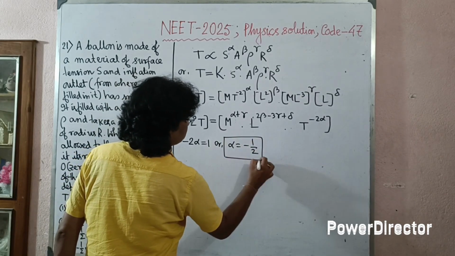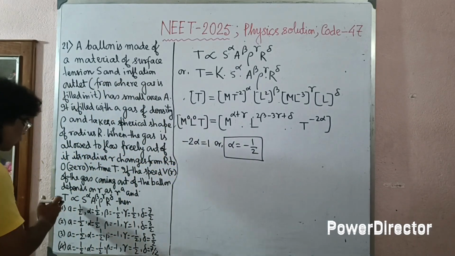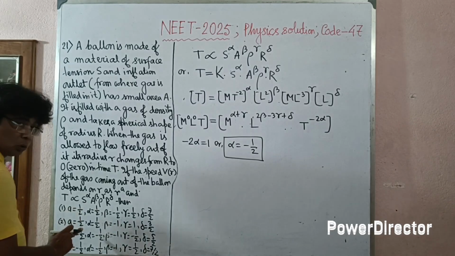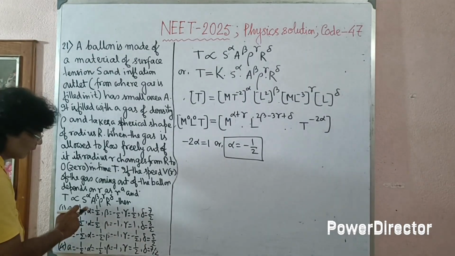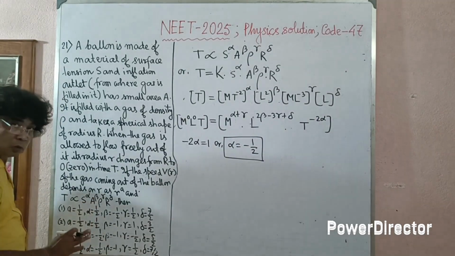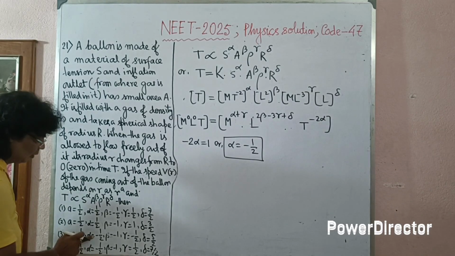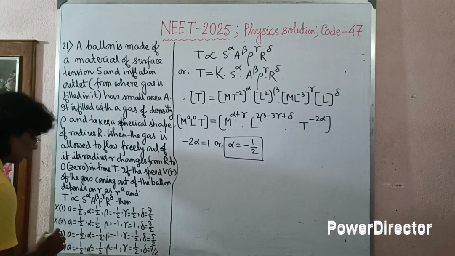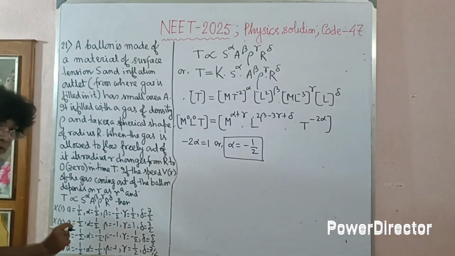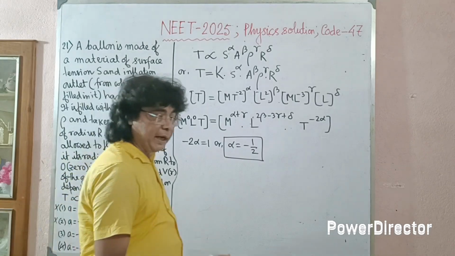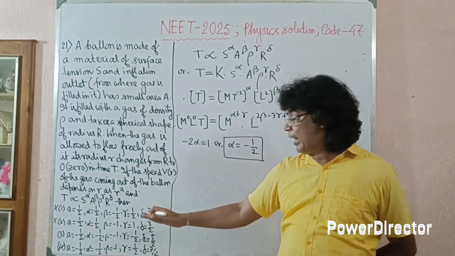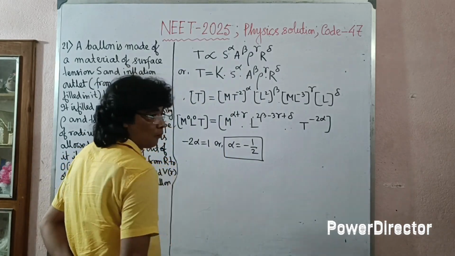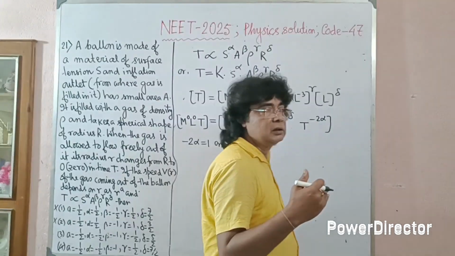So look, these four options: 1 and 2, what is the value of alpha? Half. 3 and 4, what is the value of alpha? Minus half. So we can cancel 1 and 2. So the answer would be option number 3 or 4. Now we determine another constant.